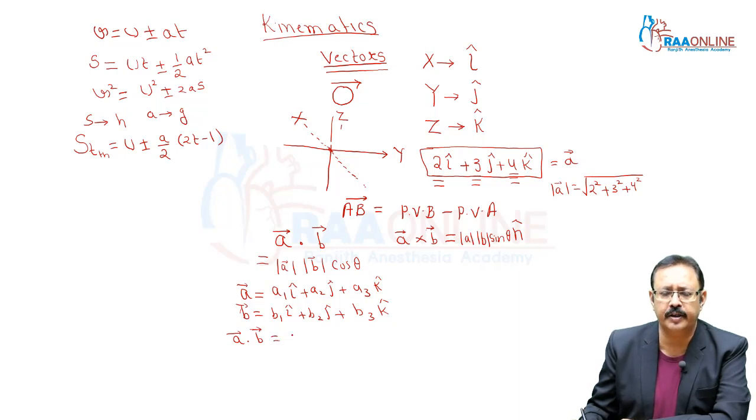Multiply i coefficients A1 B1, A2 B2 plus A3 B3.